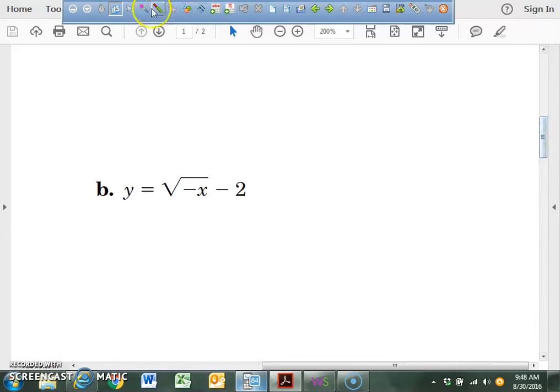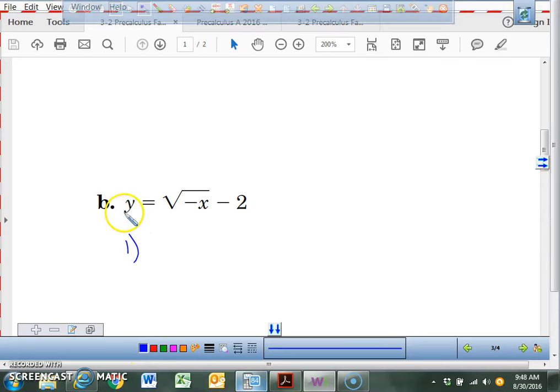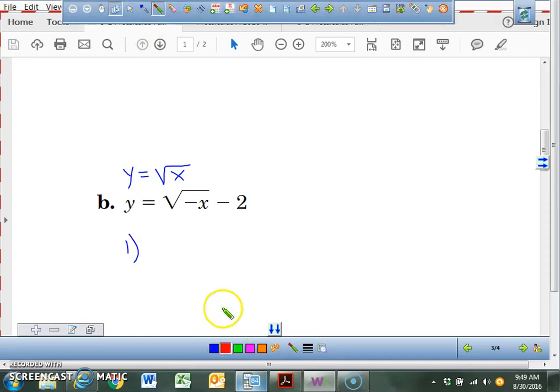Now, it may look like there's only 1 thing happening in the graph, but there's actually 2 things happening. The first thing that's happening that you were mentioning was this part right here.